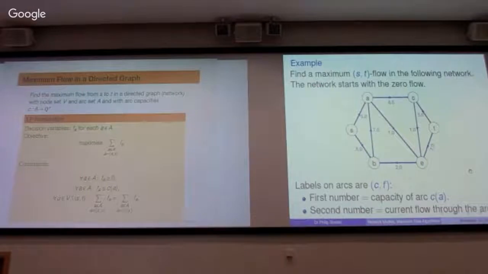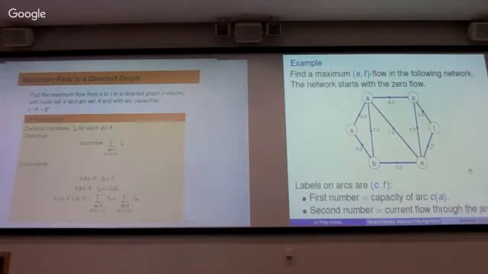And the flow has to satisfy 3 conditions. The first condition is that each of these numbers on each arc has to be greater than or equal to 0. You can't have negative flow anywhere.